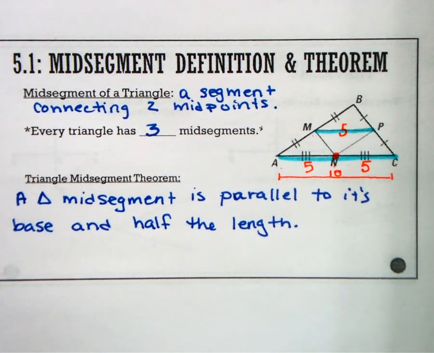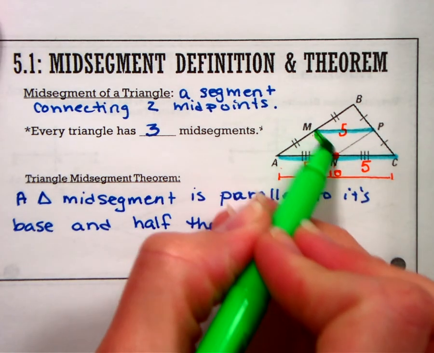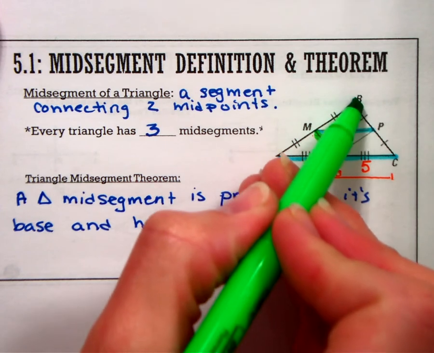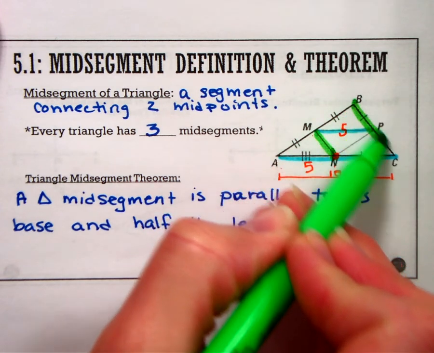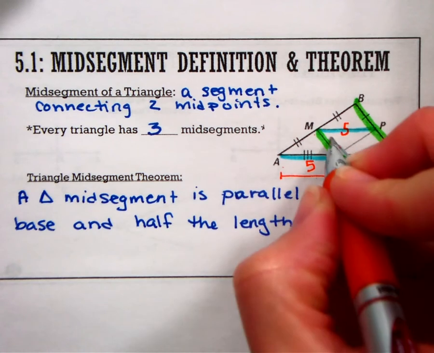Okay? Let me switch colors so that we can talk about the other ones that correspond to each other. So the mid-segment MN goes with the base of BC. Okay, so let's just talk about it one more time. Let's go the other way. Let's say MN was 3.